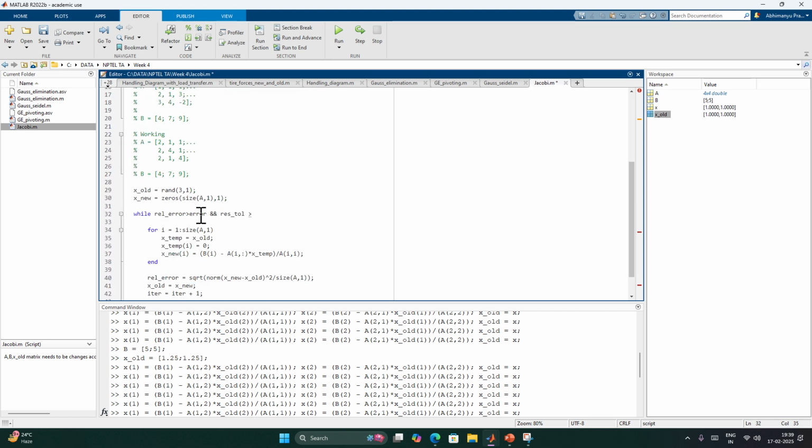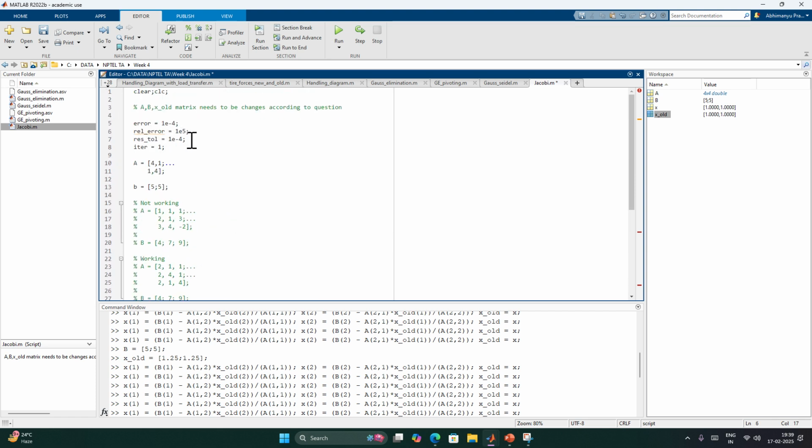Residue error. I just want to initialize these two values to some large numbers, right? These are the initial values of error, and these two are the tolerances. Relative error, residual error for tolerances, just consistency in variables.